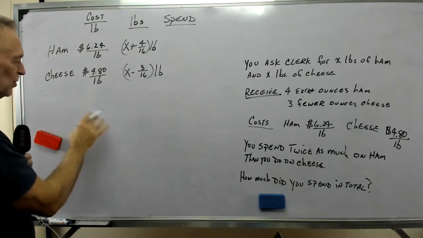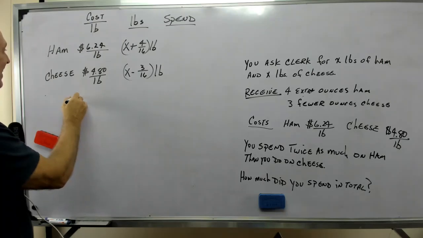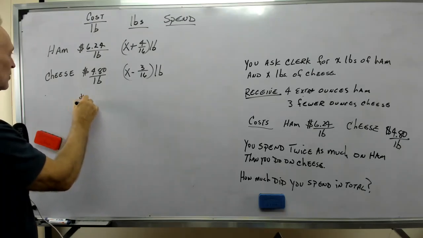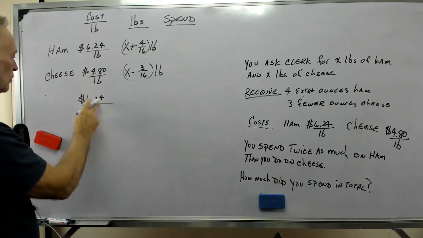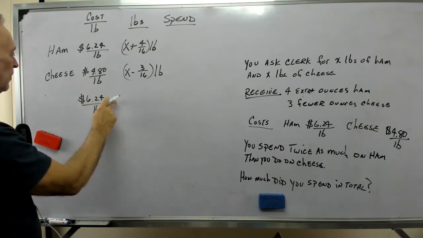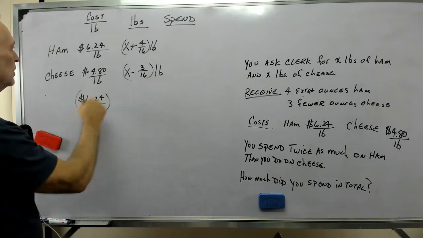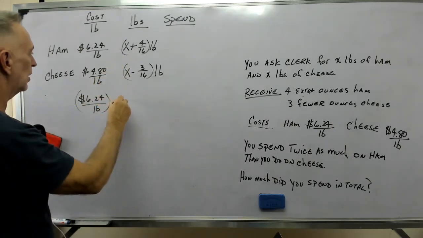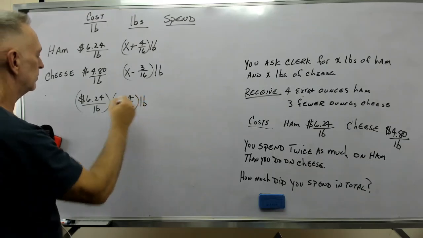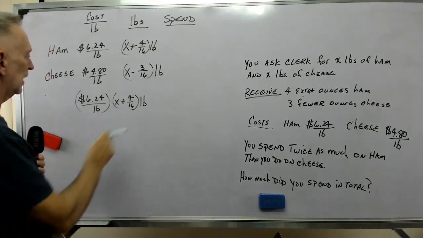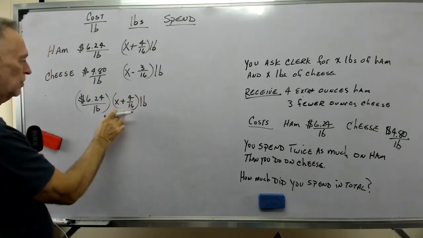I'll run out of room if I don't clean that up. So I have $6.24 per pound times X plus 4/16 pounds. Now obviously pounds and pounds is going to cancel.